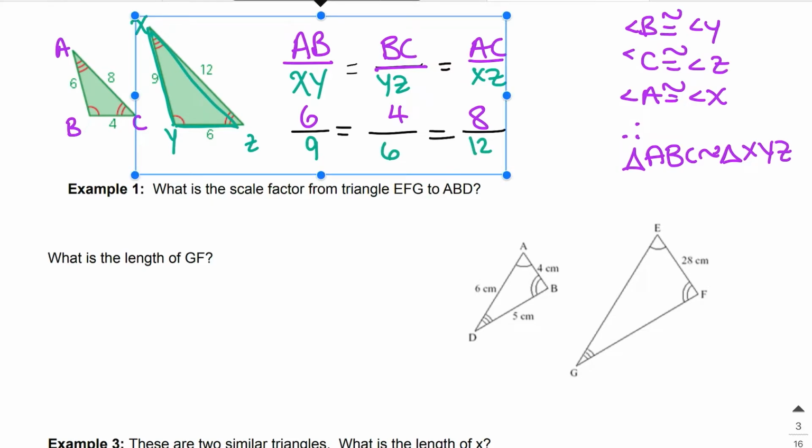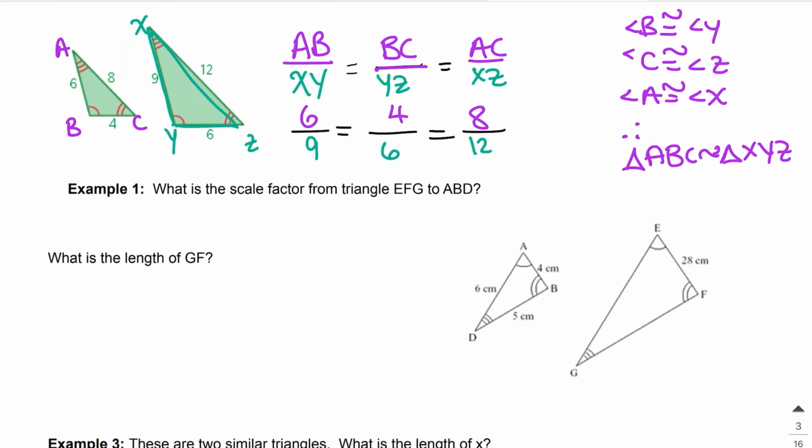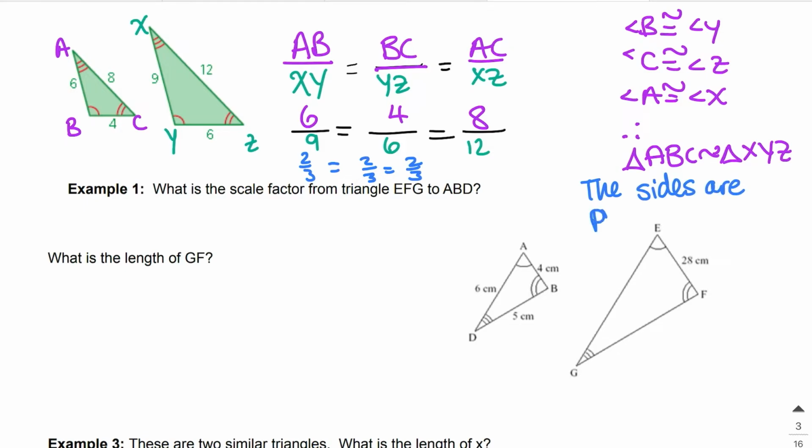If I were to reduce all of these, I would end up getting 2/3, 2/3, and 2/3. So we can also say the sides are proportional. Therefore, triangle ABC is similar to triangle XYZ. Okay?